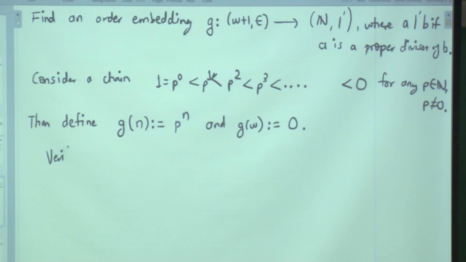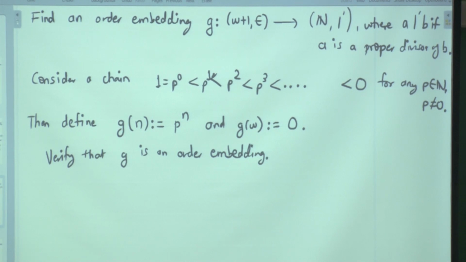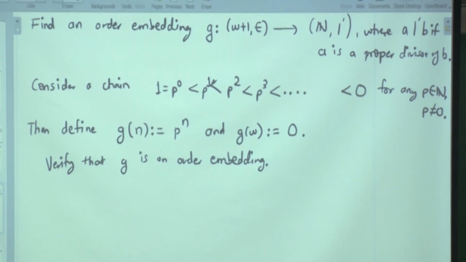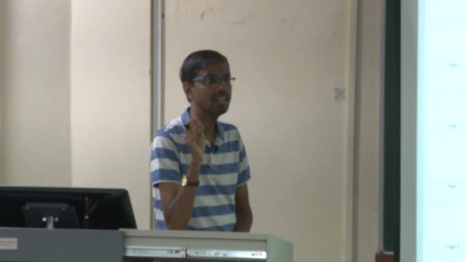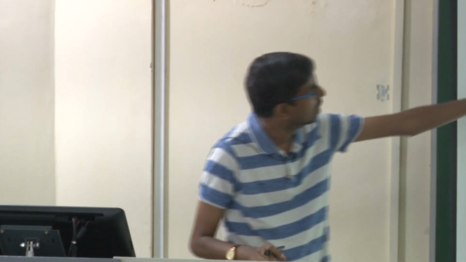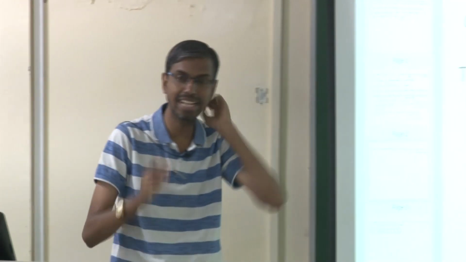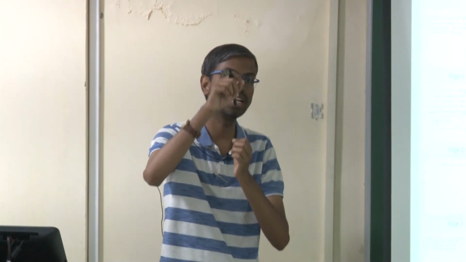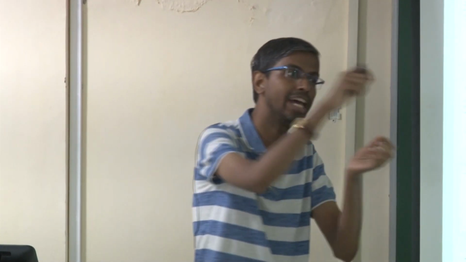Verify that g is an order embedding. What is the meaning of order embedding? An injective map that preserves and reflects. So if these numbers are related by strict divisibility relation, then their pre-images should also be related.